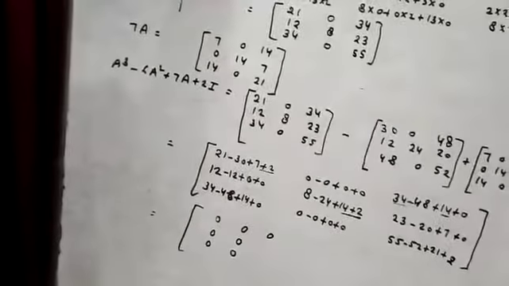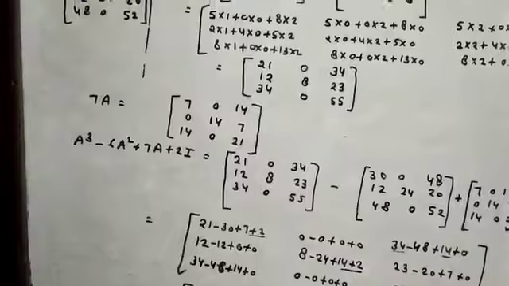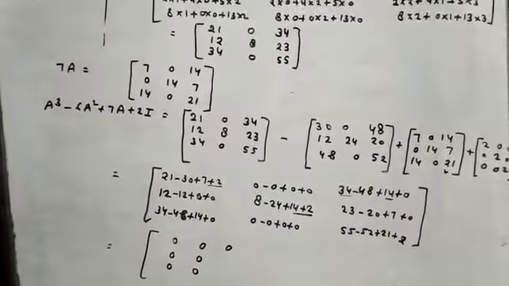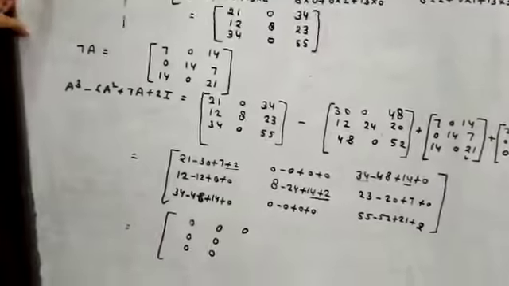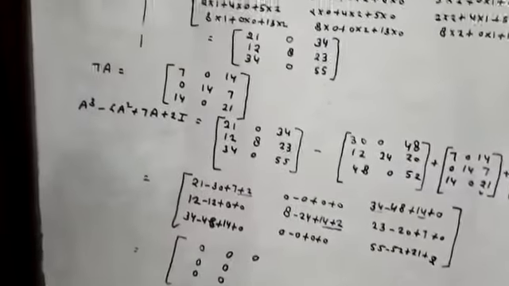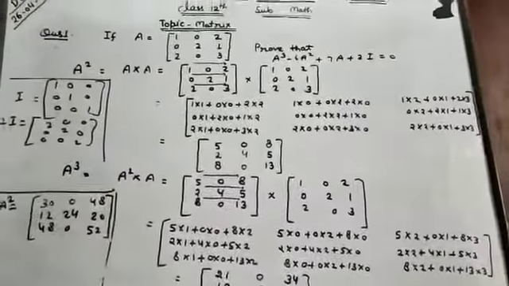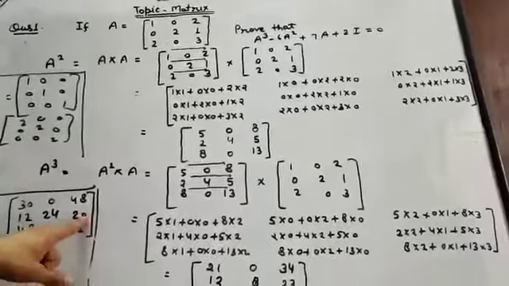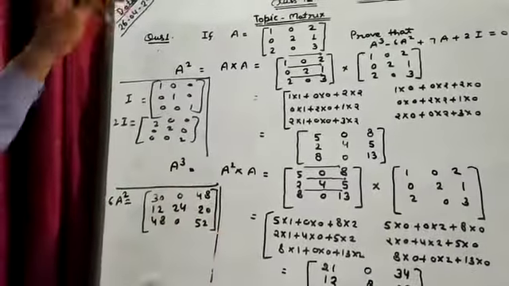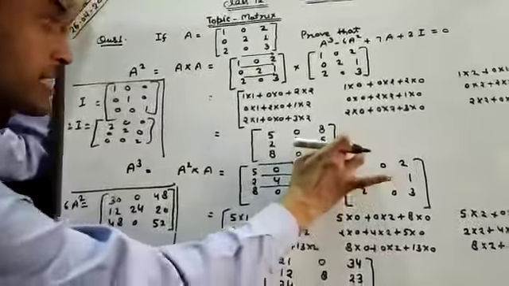1 0 0 0. 6A square plus 2I. A square is 5. So 12, 48, 0, 24. 8 6 are 48. Students, look. Here A square is this matrix, no?